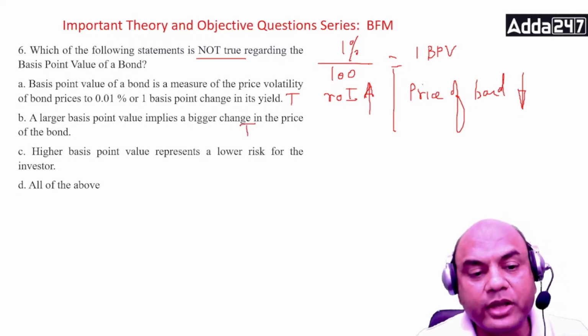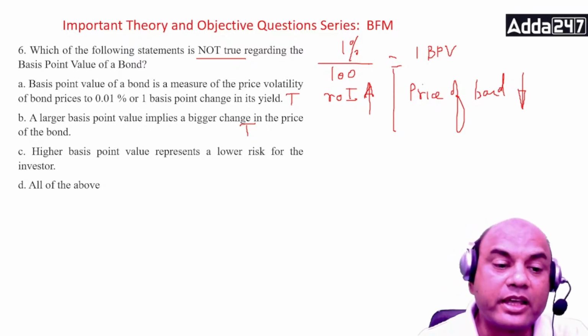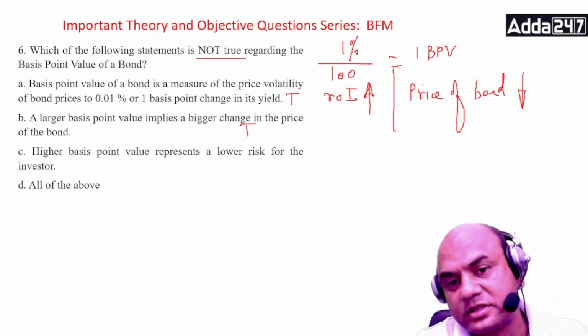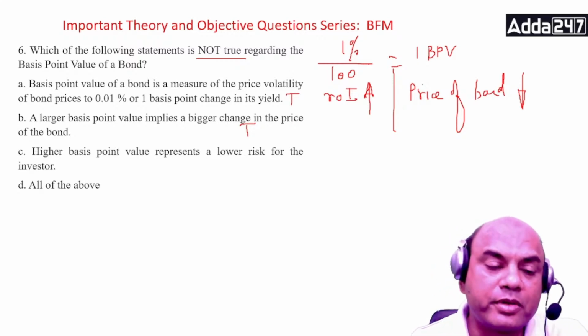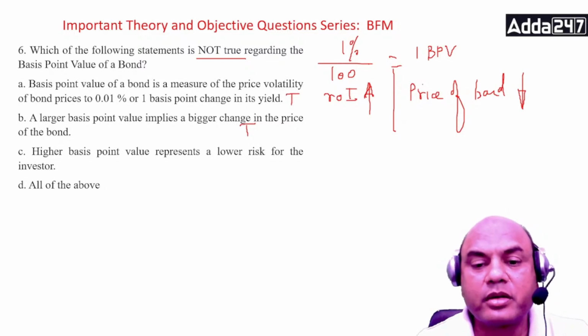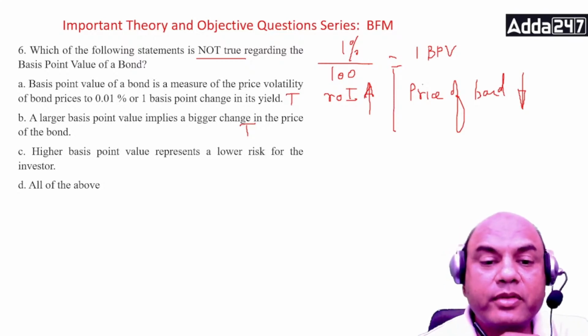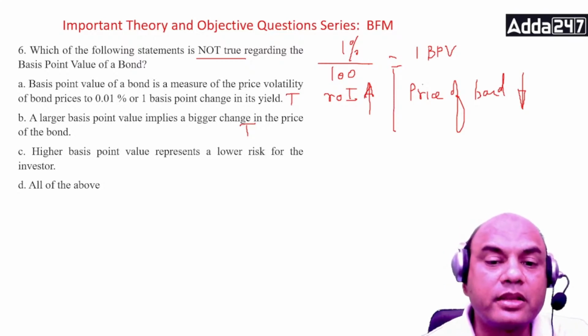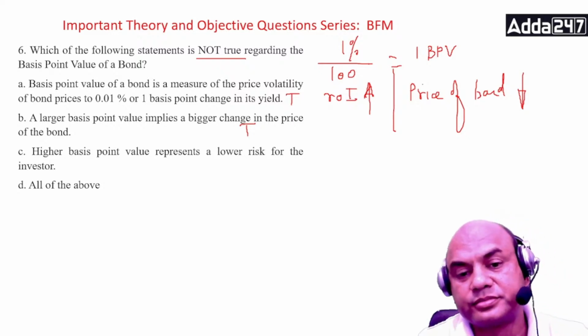Higher basis point value represents lower risk to the investor. Higher BPV is lower risk. Is this the case? What do you mean by higher BPV? Higher BPV here means I am having larger fluctuations. Whenever I am having larger fluctuations, what does it mean? It means that my risk is higher or lower?